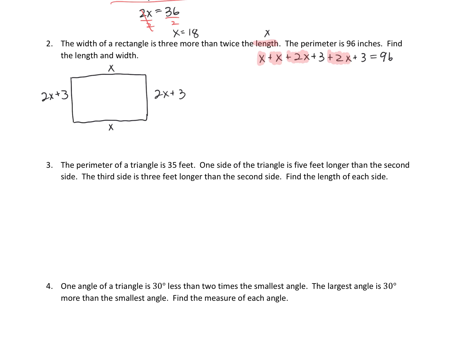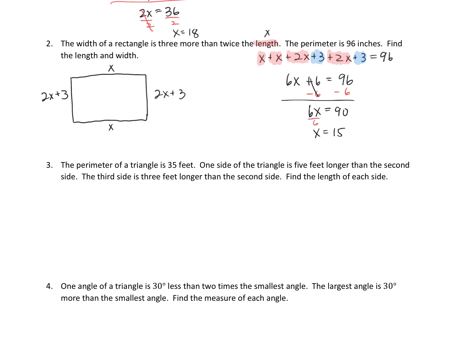So that makes a total of 6 x's, so 6x. And we have 3 and a 3, so that would give us 6. So 6x plus 6 is equal to 96. Minus 6 from both sides. So we get 6x equals 90. And then if we divide 90 by 6, we get 15.